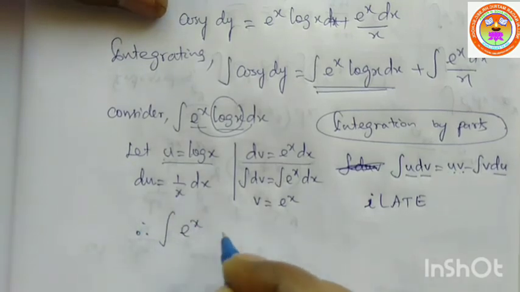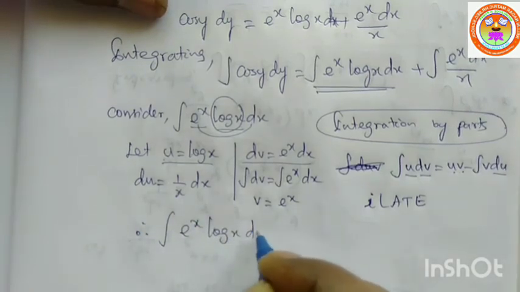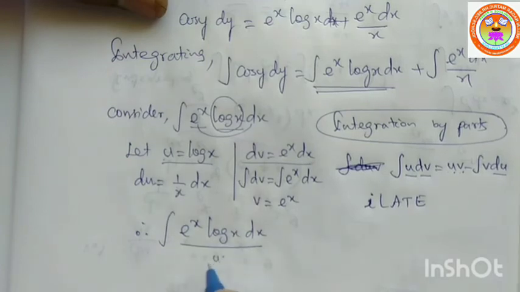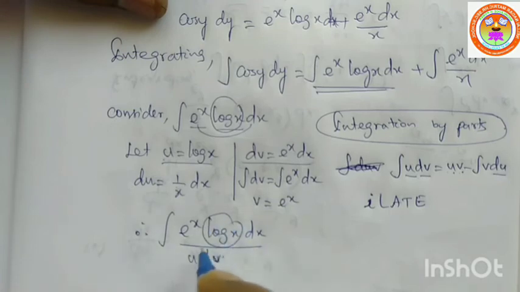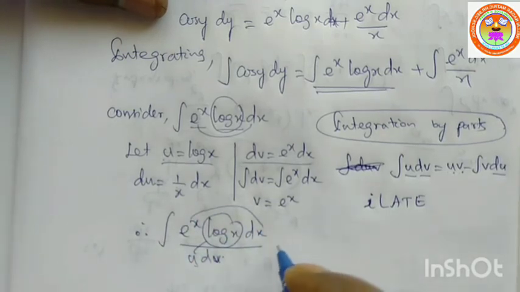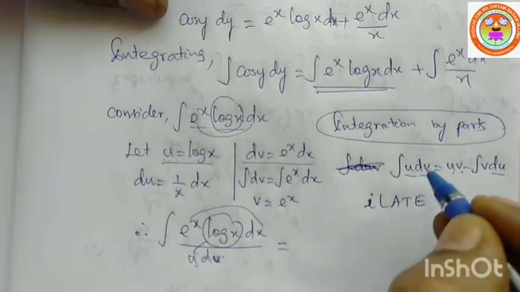Integral of e power x into log x into dx. This is in udv form, right? This is our u, the remaining all are dv. So udv form integration is what? uv.